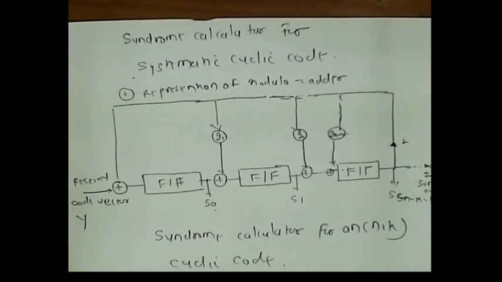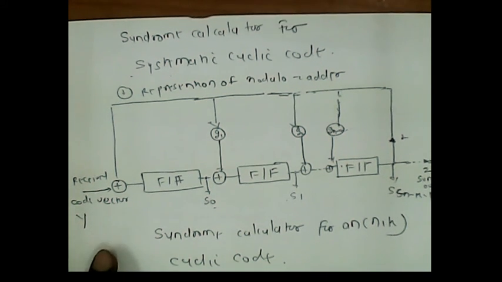So in this cyclic code, the figure shows the syndrome calculator. It is identical to the encoder for the n comma k cyclic code. The only difference between the two is that received bits are fed into the n minus k stages of the feedback shift register from the left.